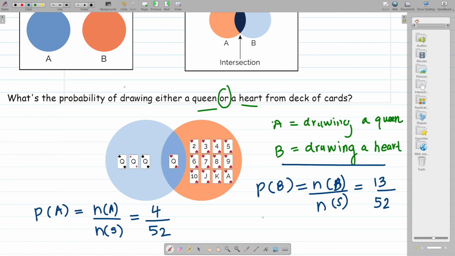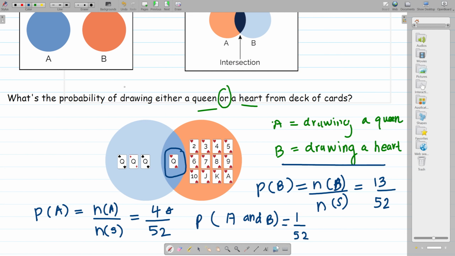But you know that the heart set also has one queen, right? And it is included in the queen set also. So that's why it is common. Now this has an intersection. What is the intersection? The queen of hearts, right? The queen of hearts is common for drawing a queen or drawing a heart. Understand? So probability of A and B is equal to 1 divided by 52, right?